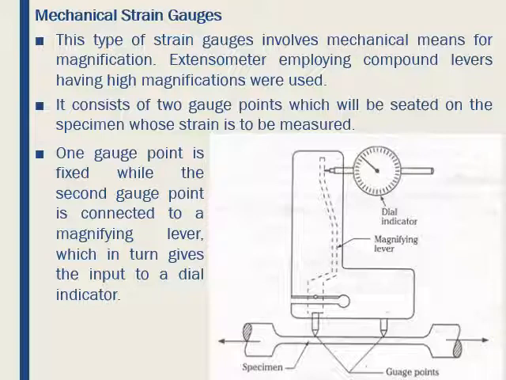The electrical strain gauges can again be classified into types: capacitive transducer gauges, inductive gauges, resistance type gauges, and so on. Optical ones include moire fringe technique, interferometric based strain gauges, photoelasticity based strain gauges, holography based strain gauges, and the grid method.